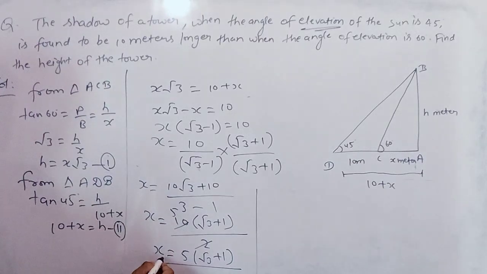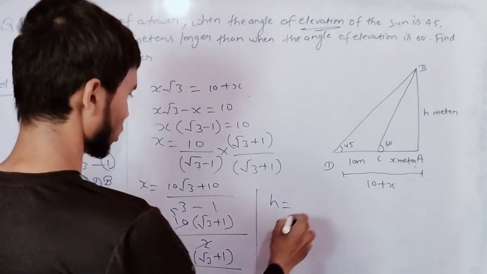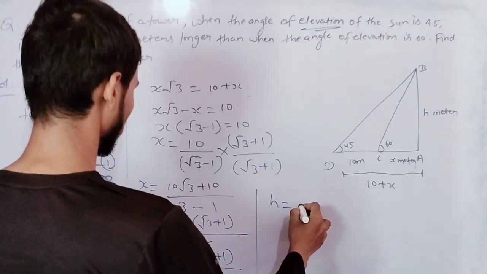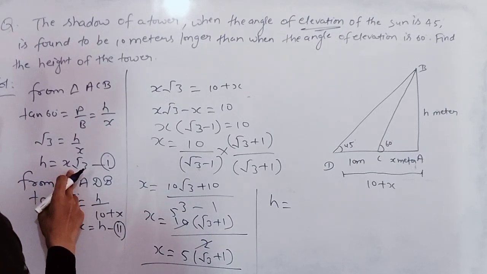Now you can put the value of x in this also and this also. So h is x. Meaning of this is what?